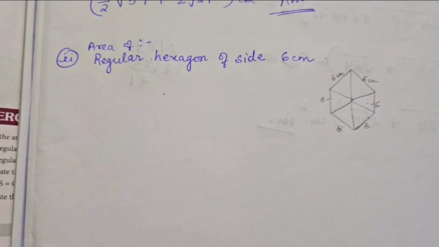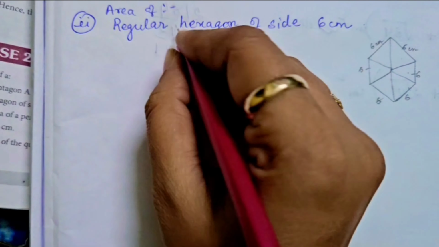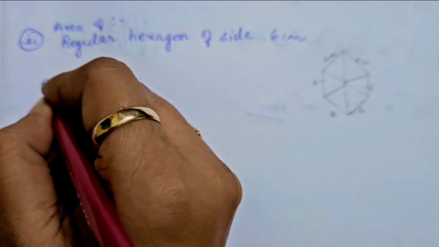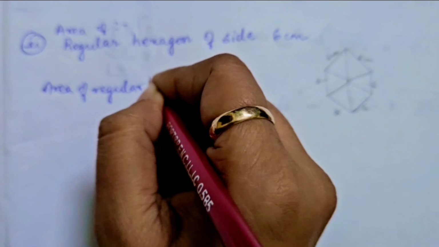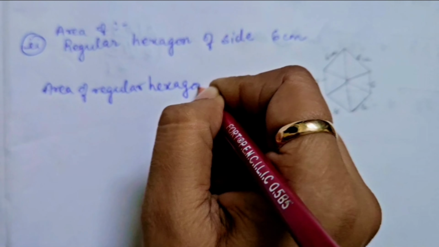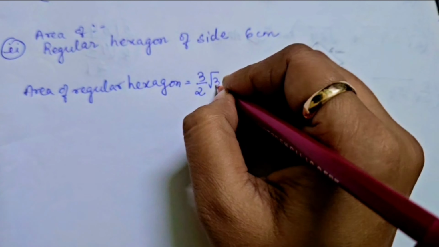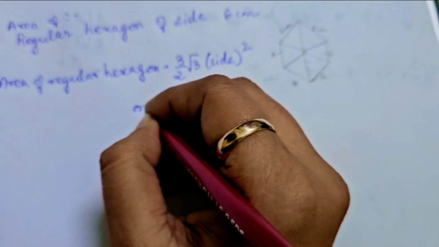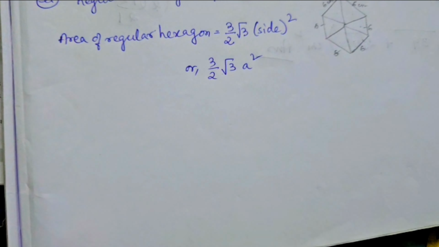For taking out the area, we can take the formula of an equilateral triangle and multiply it with 6, or we know the area of regular hexagon formula, 3 by 2 root 3 into side square, or if we take side to be a, then a square. Clear?